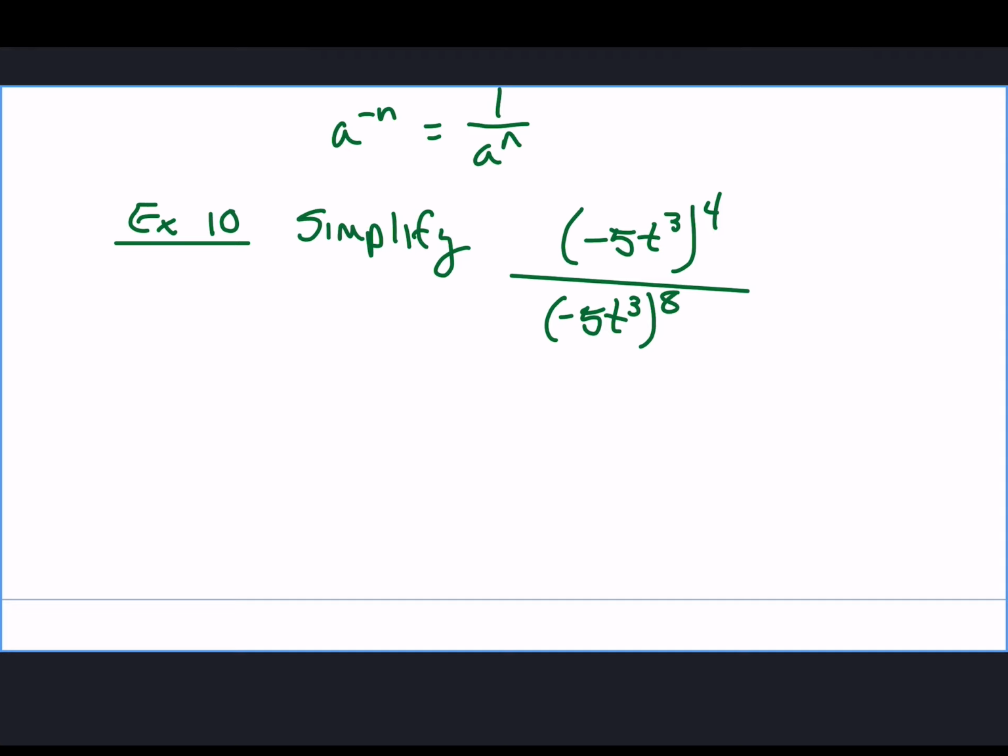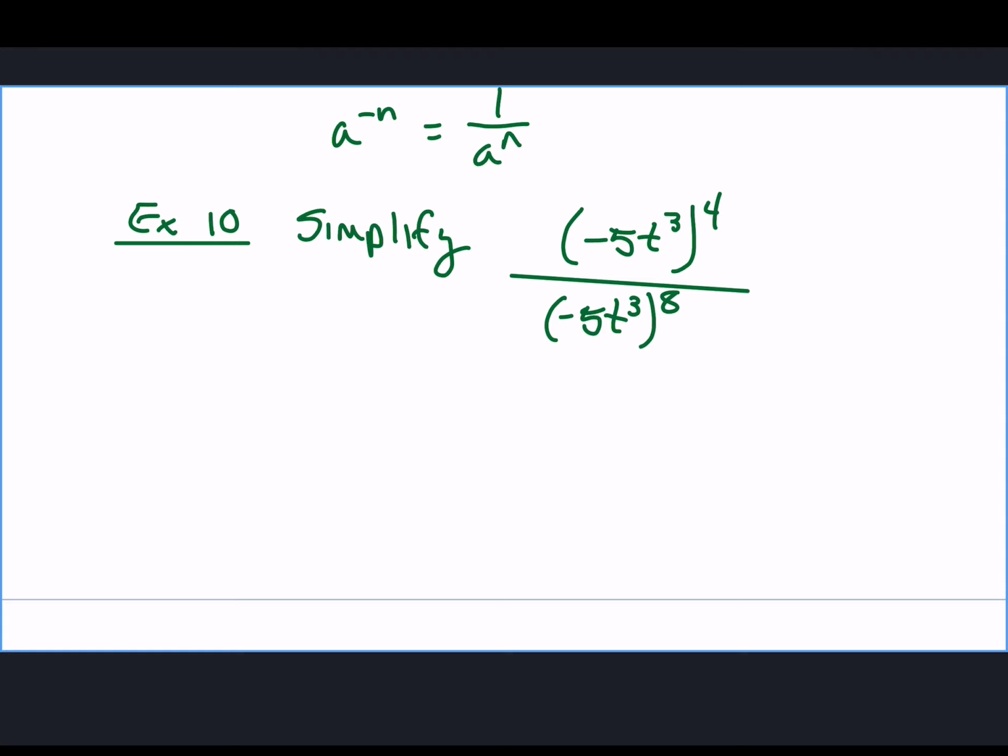So I think that I want to start on the outside and subtract those exponents, right? And why would I want to do that? I have some people looking at me incredulously like, why would you do that? Because I don't really know, actually.